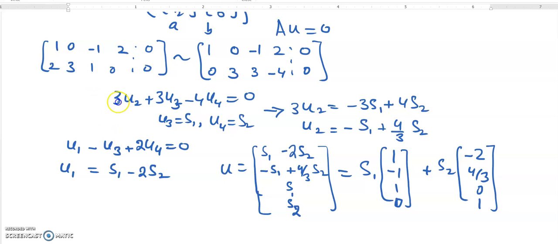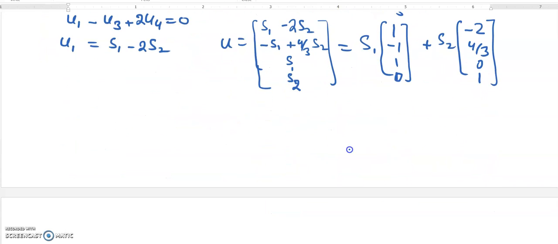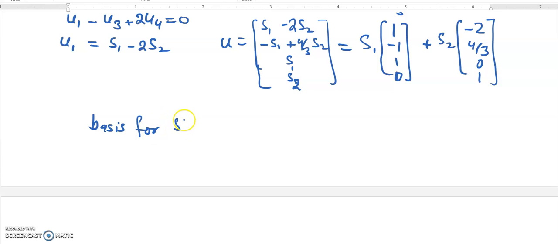So now we will say that these two components will be the basis for S perpendicular.